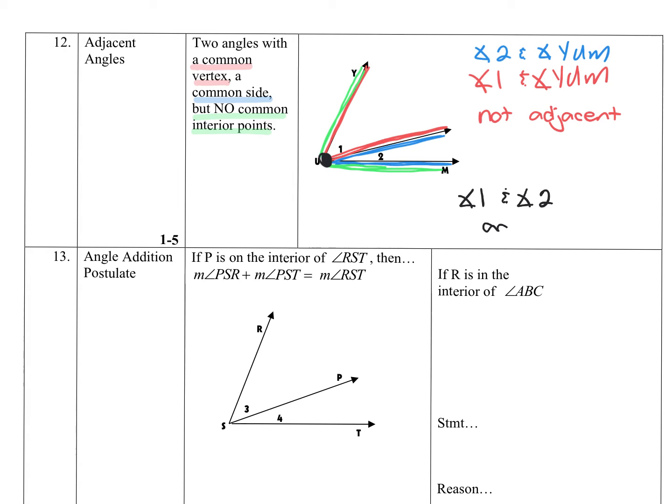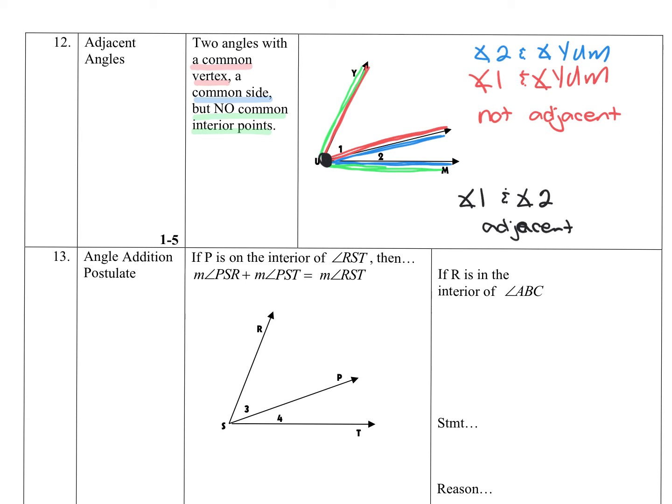Those two angles are adjacent, sorry, got distracted as I was talking. Angle 1 and angle 2 are adjacent because they satisfy all the requirements. They share the common endpoint, they share this side right here, and the interior points of angle 1 are completely separated from the interior points of angle 2.